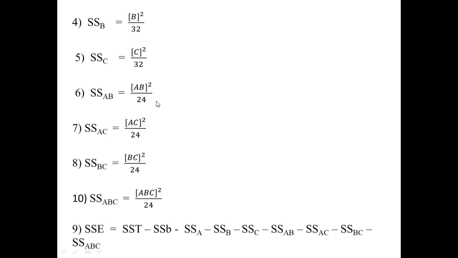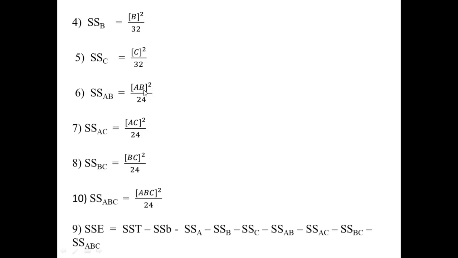Here we consider 4 replications, and in the first replication we confound AB interaction effect. So when we find factorial effect total AB, we consider observations which belong to replication 2, replication 3 and replication 4. So in that case we get 8 into 3, because we consider only observations from 3 replicates, so that's why we get 24 here.